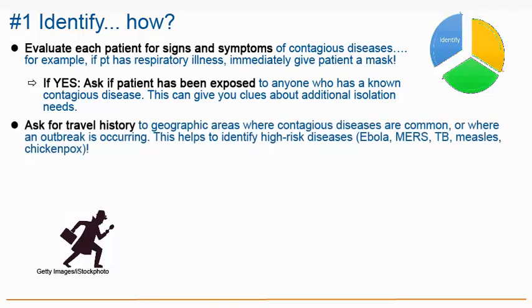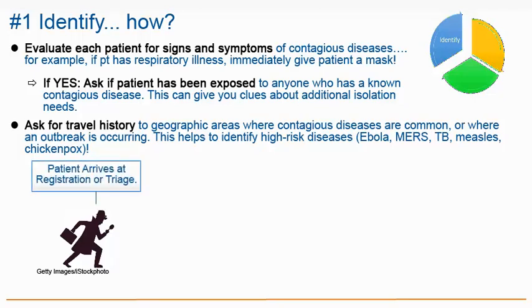Next, ask the patient if they have traveled outside of the United States. You might want to ask about specific geographic areas where contagious diseases are common or where outbreaks are occurring. This can help to identify high-risk diseases such as Ebola, MERS, tuberculosis, measles, or chickenpox.